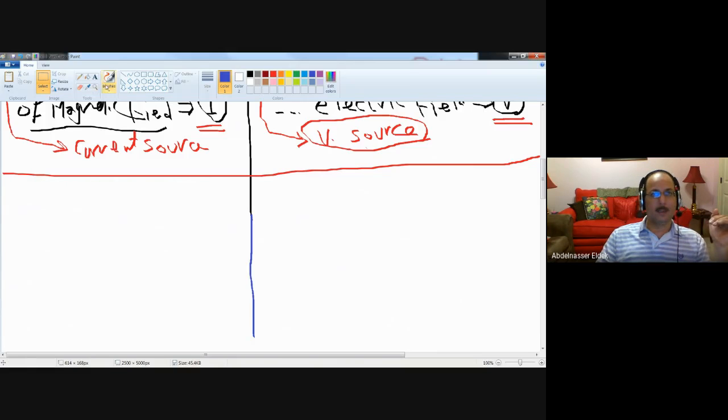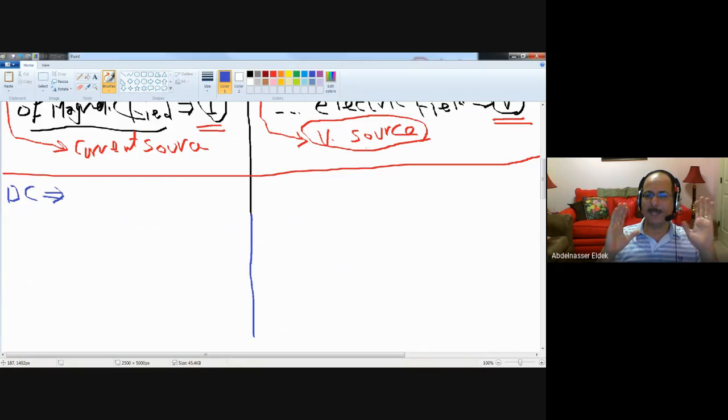DC means you have only DC sources. So if you have a circuit that has capacitors and inductors, but it has only DC sources. DC means constant value. It's not a sine or cosine or triangular or whatever. It's not a function of time.